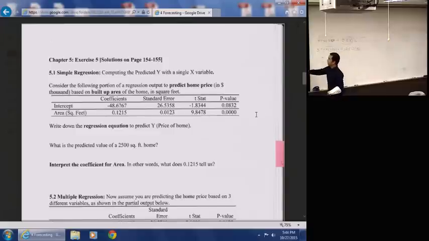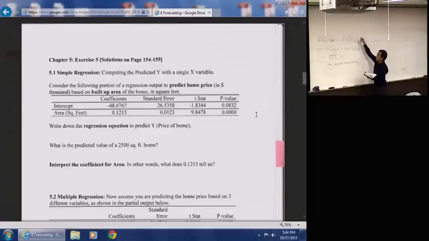To interpret any coefficient, you start with other variables being constant. To interpret this variable, you look at the x. Increase x by 1 unit, then it's going to change y by this much, right?